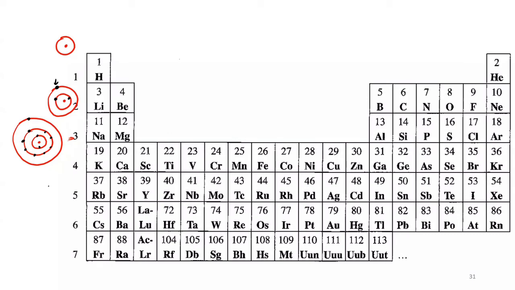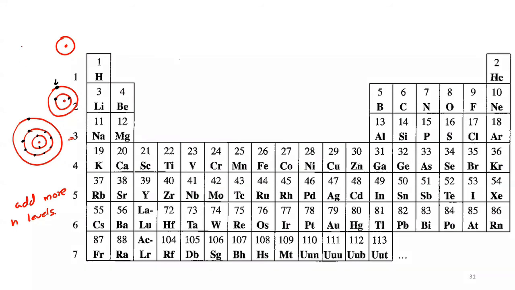And as you go down, you keep on adding more N levels. N is the principal quantum number. So you can see the size of the atom keeps on increasing because you keep on adding N levels. And as you keep on adding N levels, you are adding more core electrons, more inner electrons.